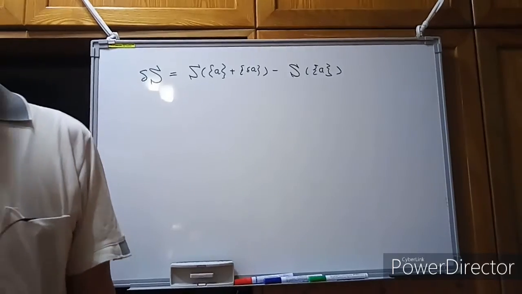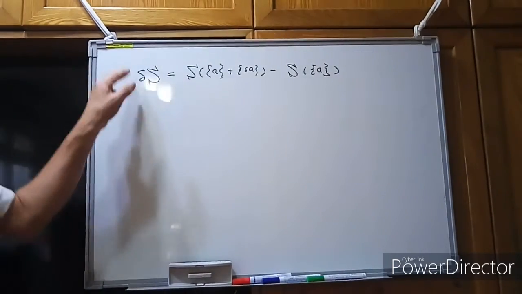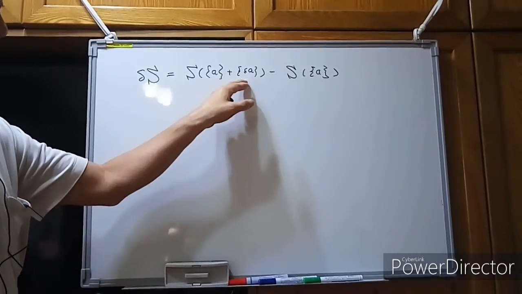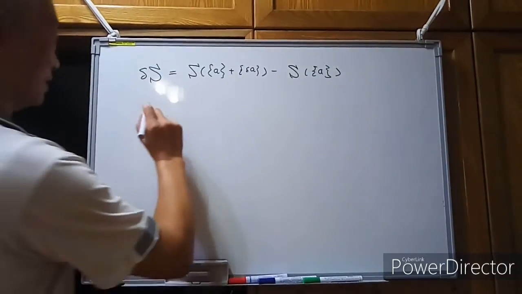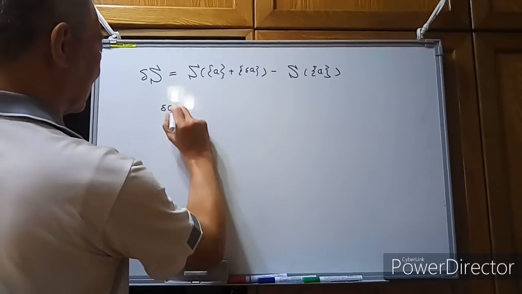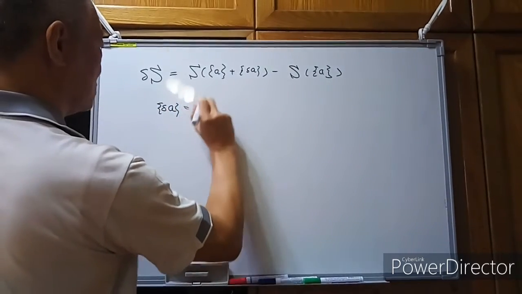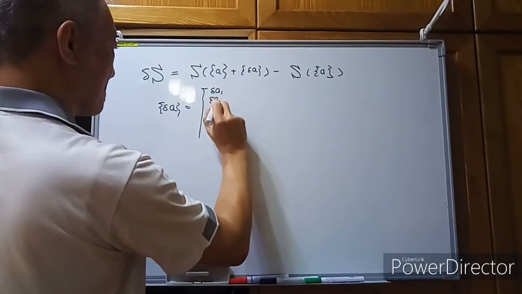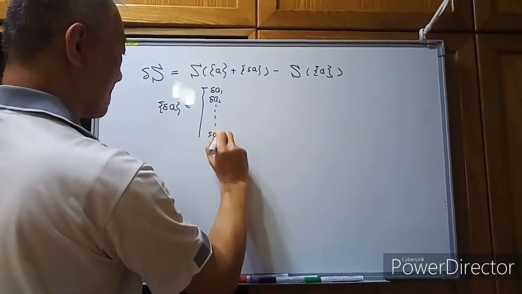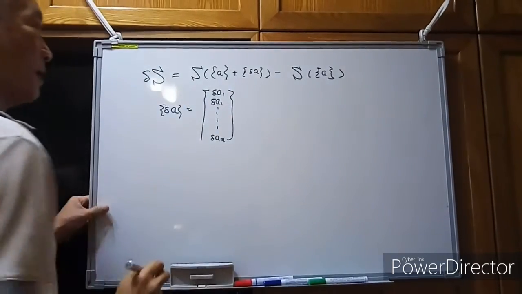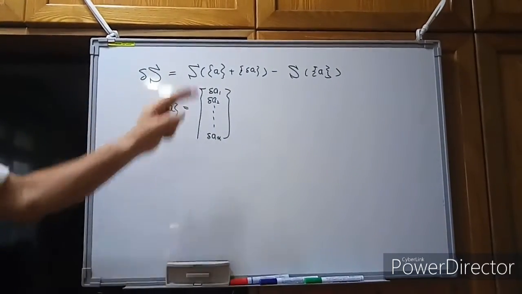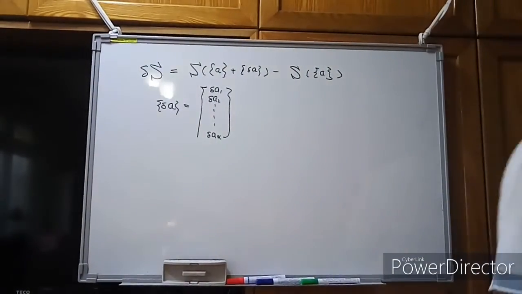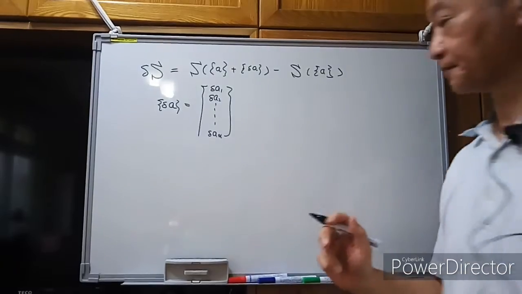Okay, so if we make variation about the capital S, we will make a delta A vector, and for all elements in the delta A vector, we will make arbitrary and small variations of each element.